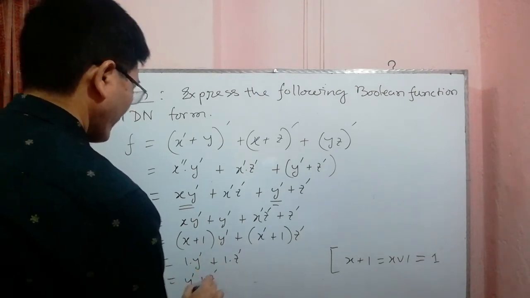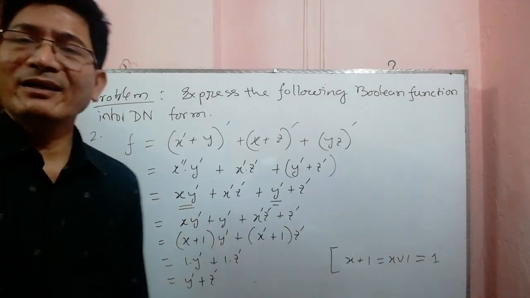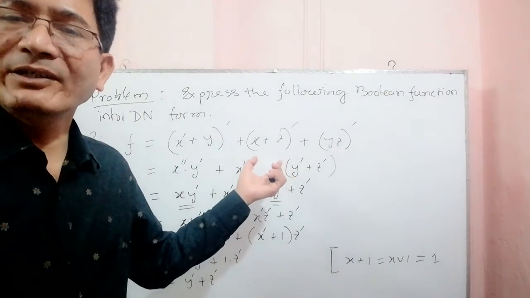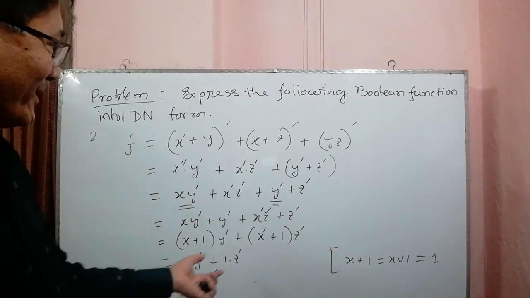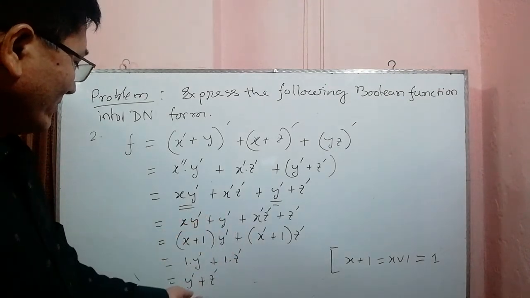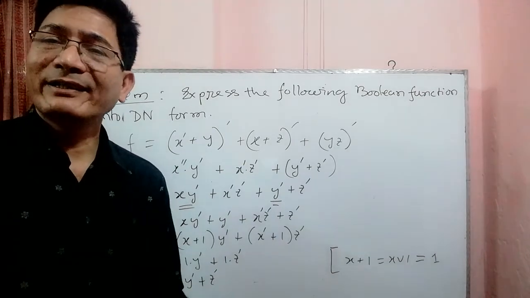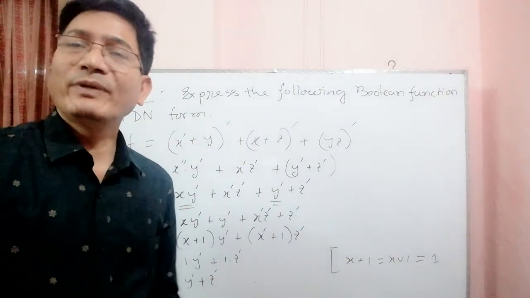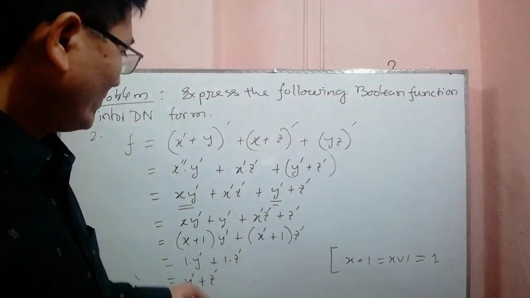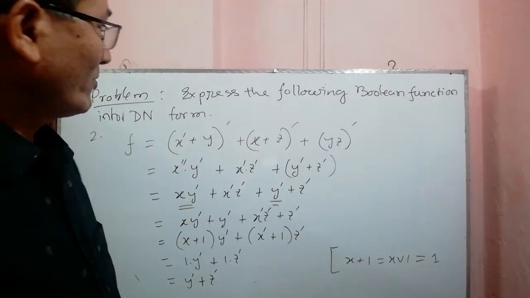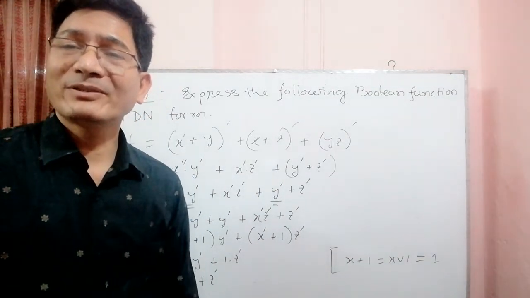So y prime plus z prime. Dear students, this is the most simplified form of our given Boolean function. But we are observing here there exist two terms, and in those terms two variables are missing. So we need those variables, and the way of creating those variables is 1.